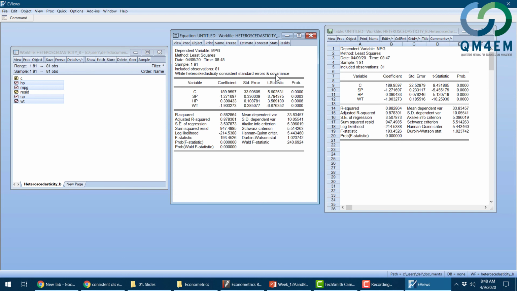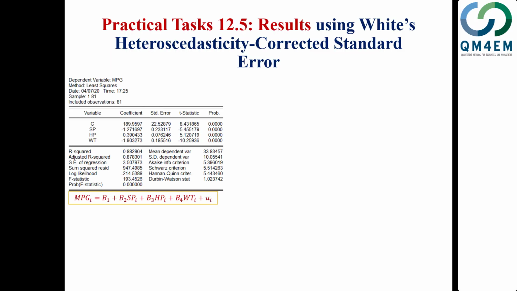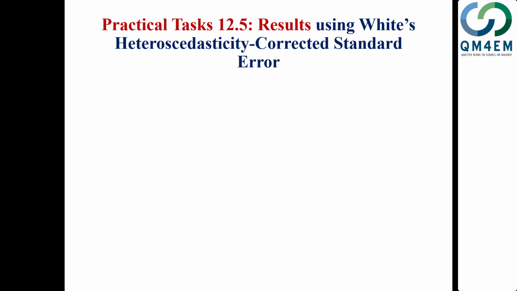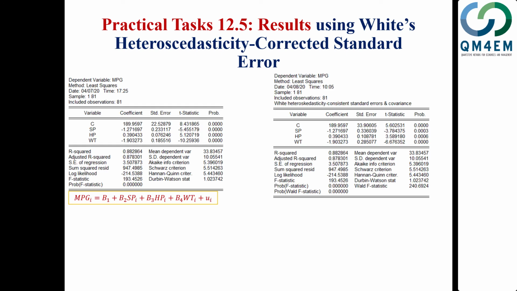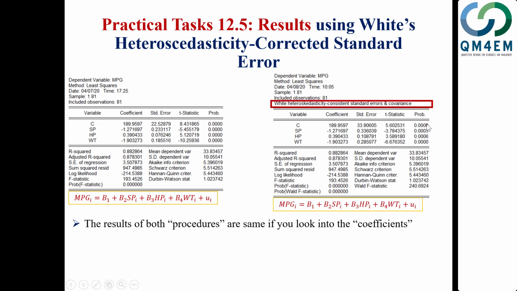So let me go to the results. This is the result of the original model, and this is the result of the White heteroscedasticity-consistent standard errors and covariance. So the results of both the models are given, as you can see here.